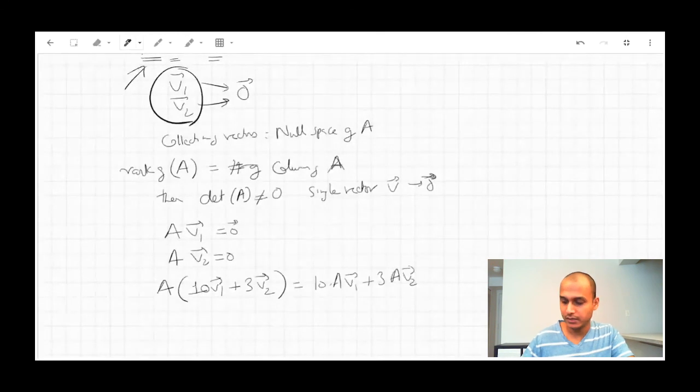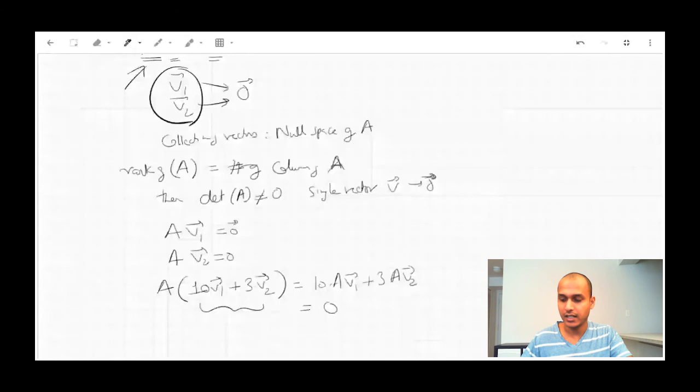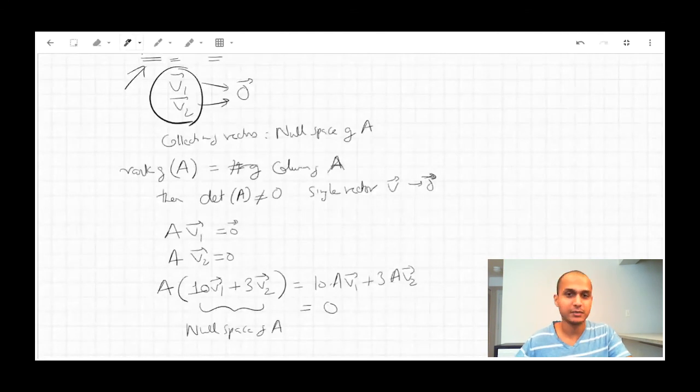So any vector in the span of these two vectors also evaluates to 0, which means that we actually have a subspace, not just a collection of v1 and v2. It's the span of these two vectors, which includes all sorts of vectors that also belong to the null space of A. So these are two different vectors which belong to the null space of A, or which evaluate to 0. Okay, so that's it for this video. Thank you for watching.